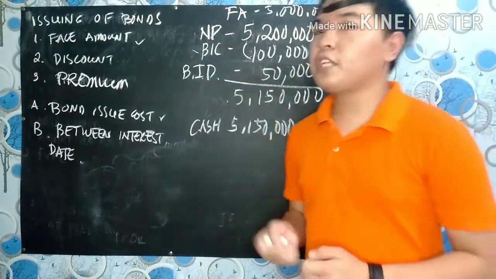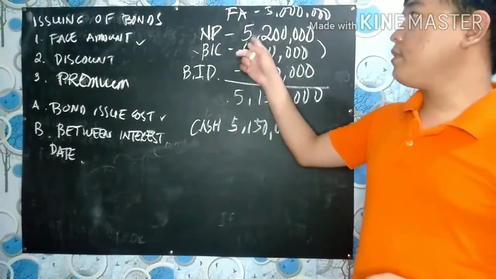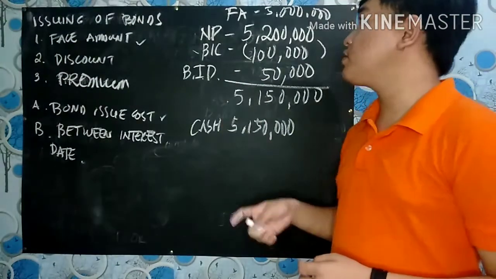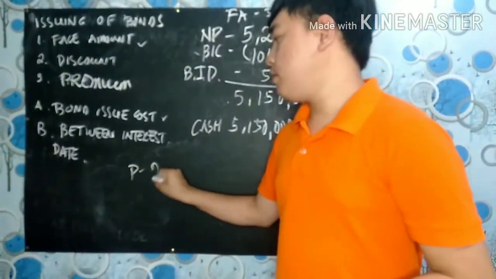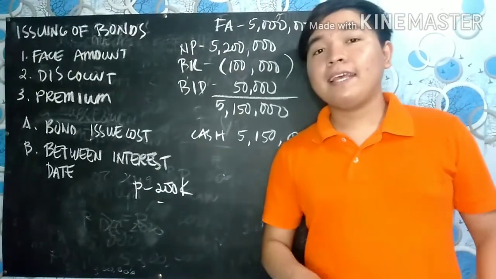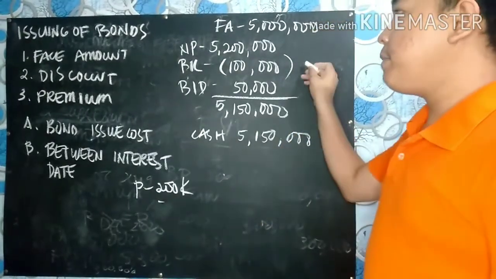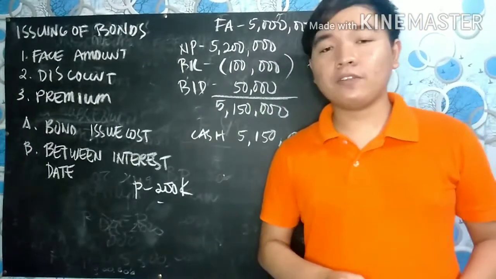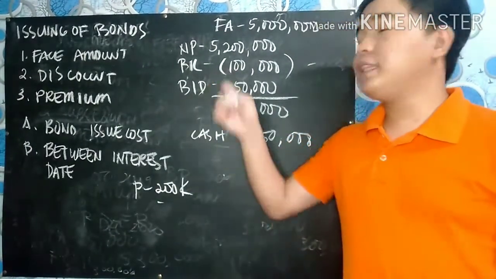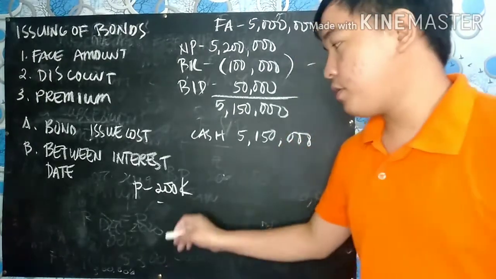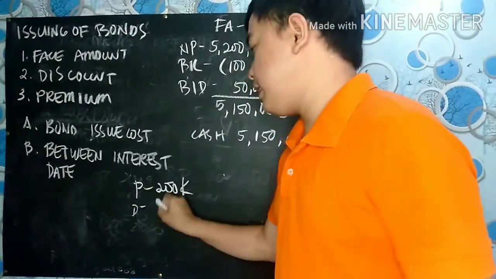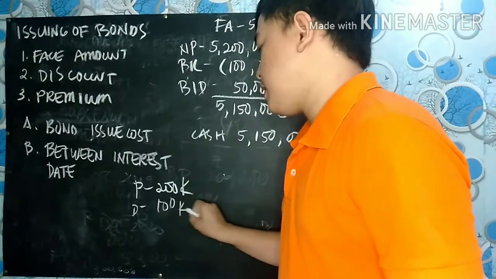Okay. Dito naman kasi ngayon, 5,200,000 yung na-receive natin. So, meron tayong 200,000 na premium. Okay? Then, meron tayong bond issue cost na 100,000. And we all know, itong bond issue cost na to ay i-recognize natin as a discount. So, discount natin is 100,000.